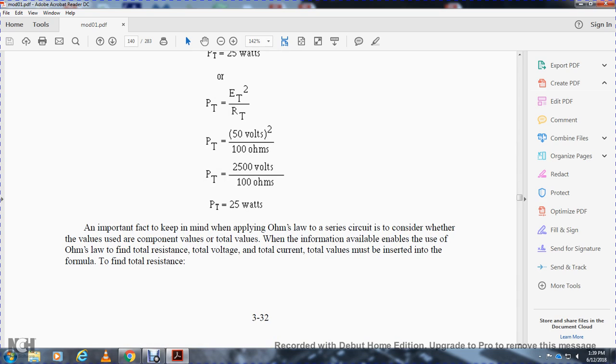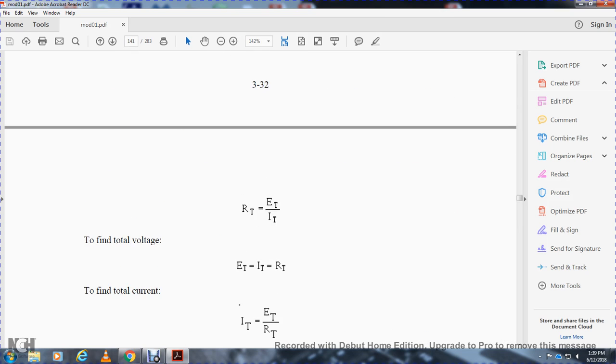It is an important fact that the key to analyzing a series circuit is to consider the value of the components. Knowing the total resistance enables you to find the total voltage and total current using the formulas. To find the total resistance, R total equals E total over I total. E total equals I total times R total.